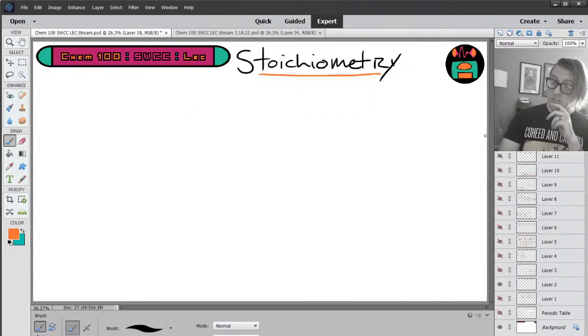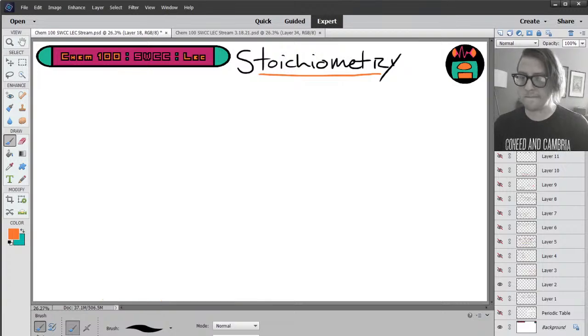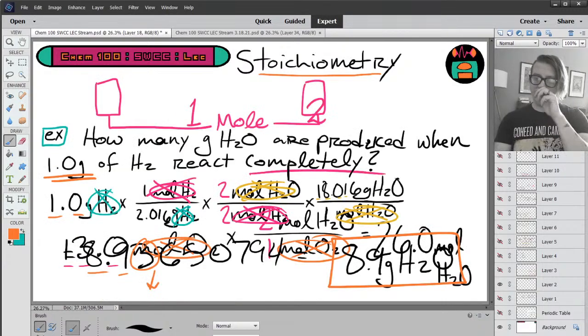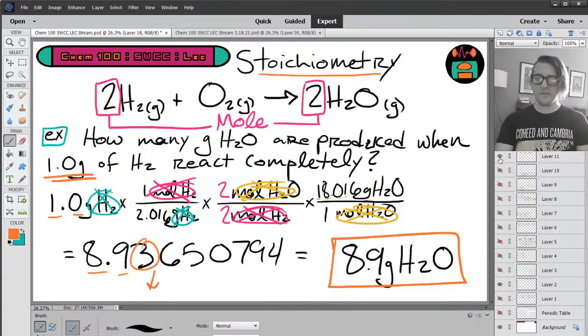All right. Let's do... hang on. Before we move on to the next problem. Before we move to the next problem, this has a name right here.